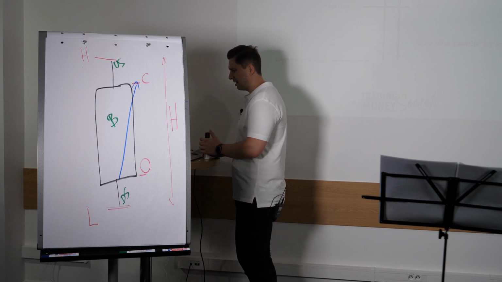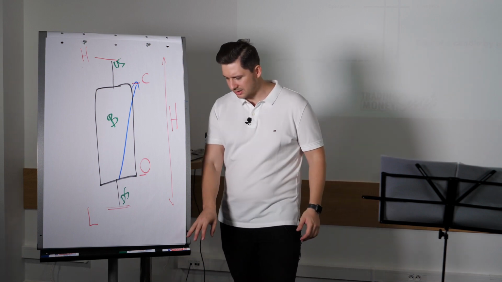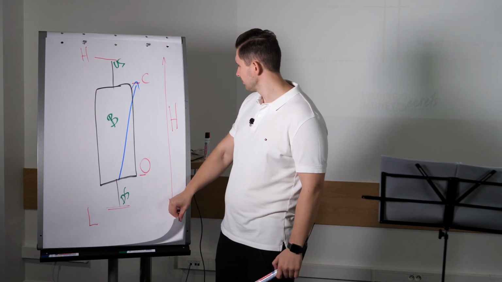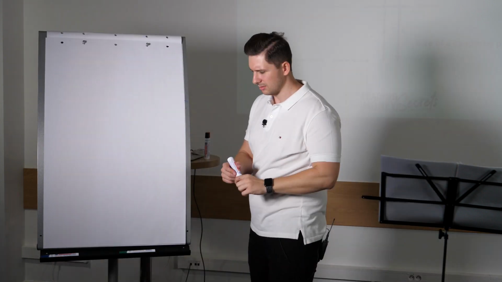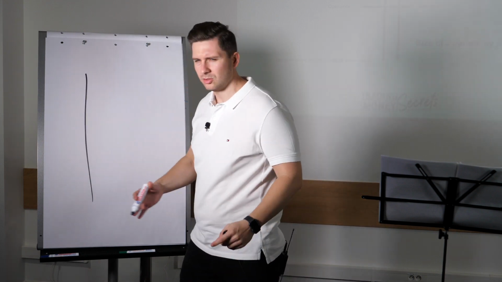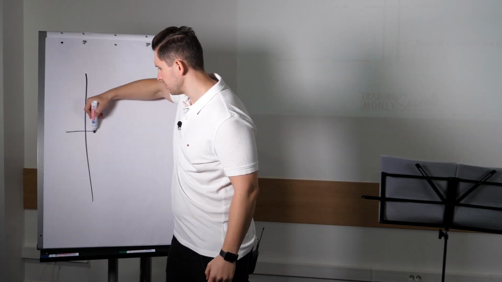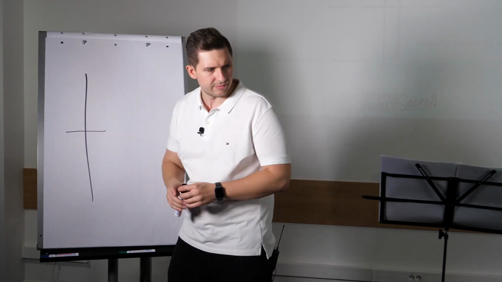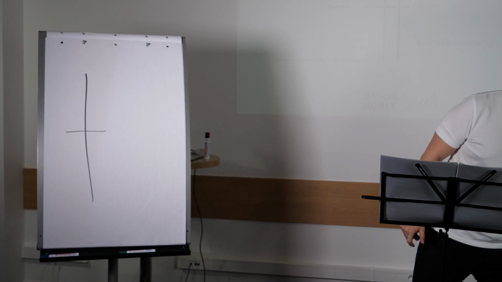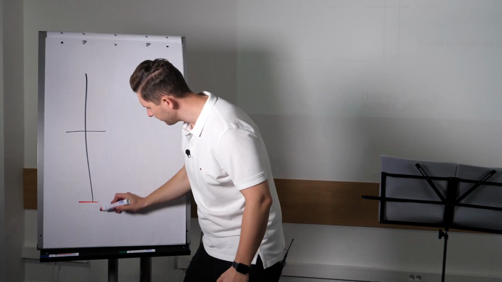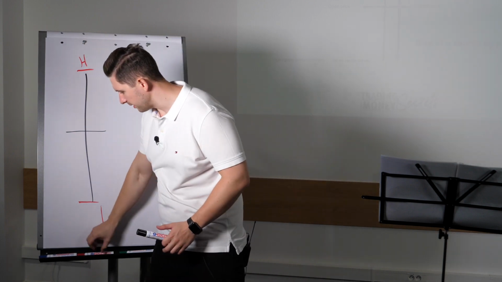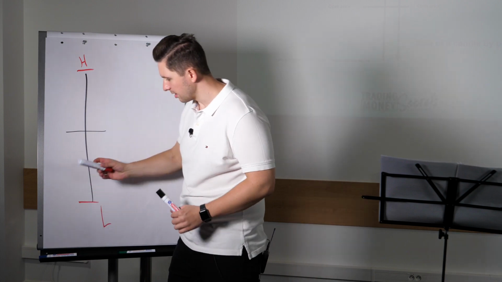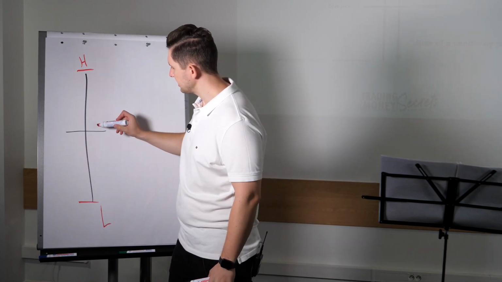There's one more thing about these rising formations. It's a dojii candle. What is the difference between a rising one and a doji one? It's sometimes called doji in many languages. It also has a low at the lowest point and a high at the highest point, but the price of open and the close of this candle is the same.